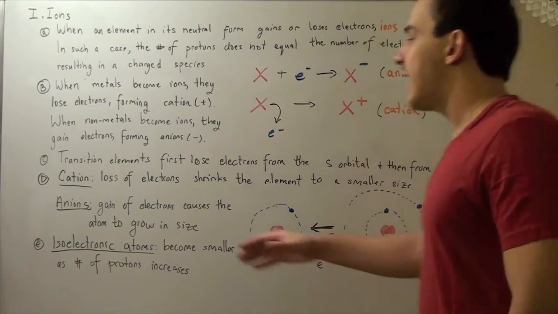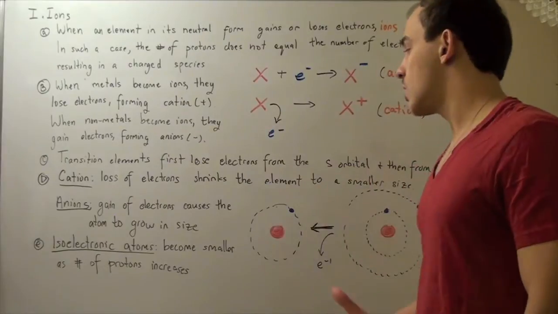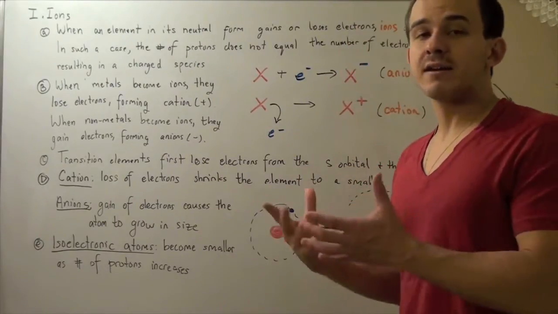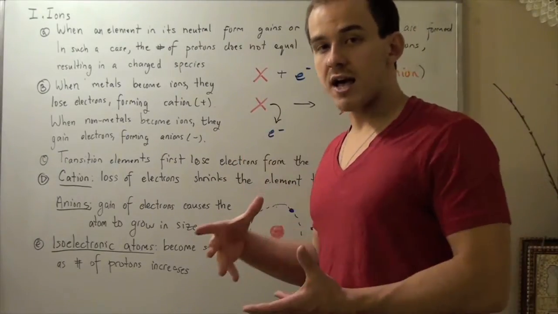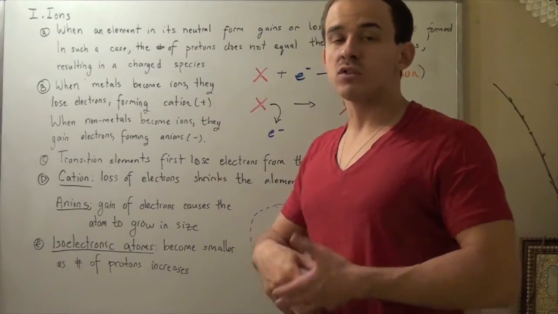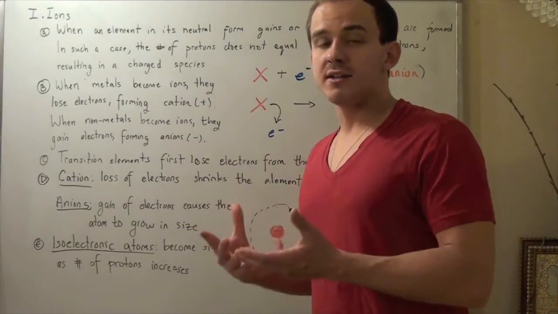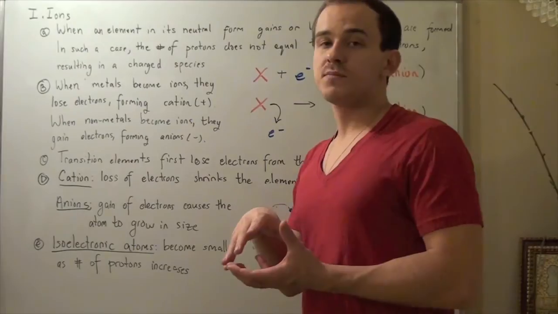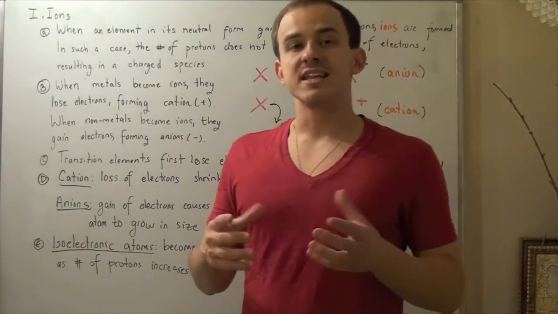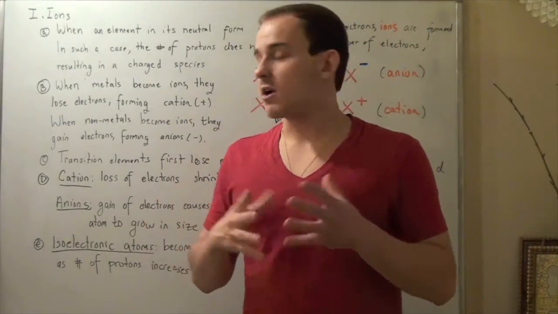That means when anions gain electrons, this causes our atom to grow in size. So the formation of cations decreases the size of our atom, while the formation of anions increases the size of our atom.